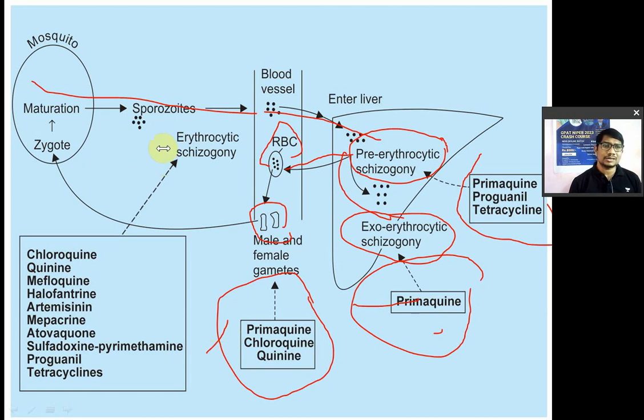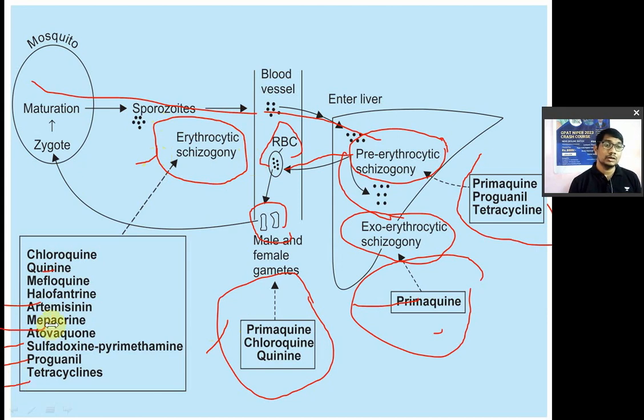Now there are certain drugs which affect the erythrocytic cell, meaning they kill the sporozoites before getting entry into the liver. So what are the drugs? Chloroquine, mefloquine, quinine, halofantrine, artemisinin, mepacrine, atovaquone, sulfadoxine and pyrimethamine, proguanil, tetracycline.